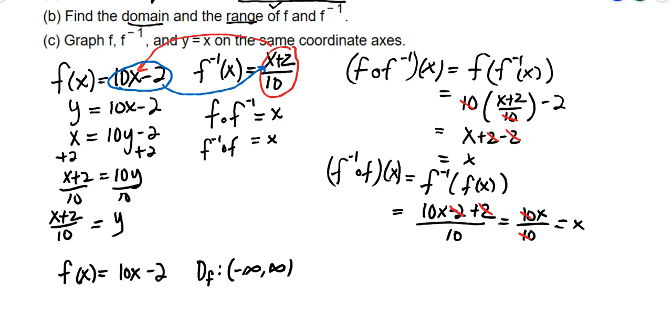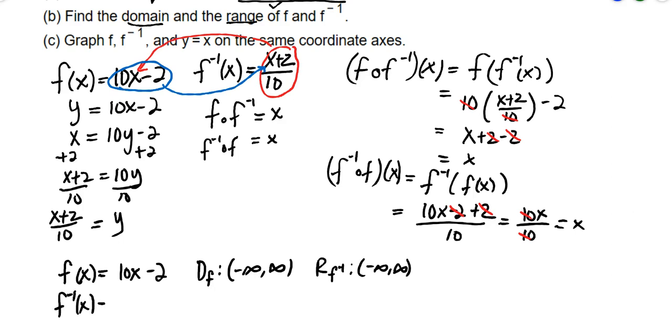And because we switch the x and the y, this will be the domain or the x's for f, but it'll become the range or the y's for f inverse. So the range of the inverse will be all real numbers because the domain of f was all real numbers.